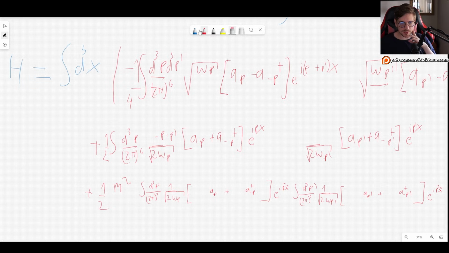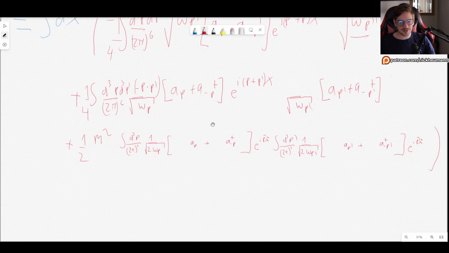We then put the d3p prime. Then we have this 2 inside the square root. Can I somehow hit only the 2? Yes. Which again will give us 1/4 outside. And then we can combine the exponents again, just like above. e to the I p plus p prime x.